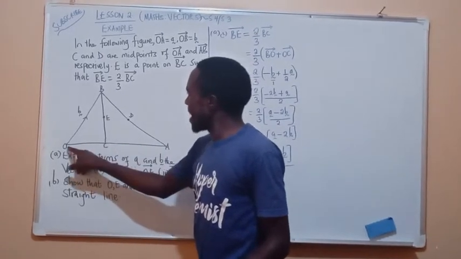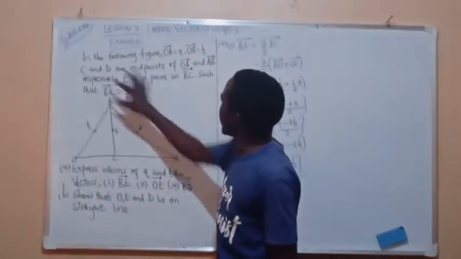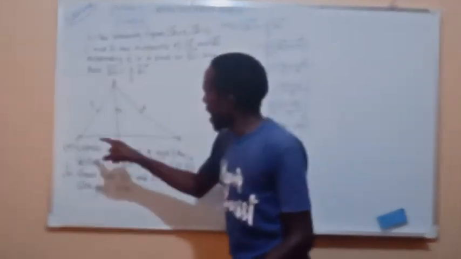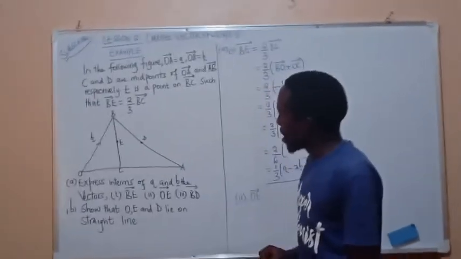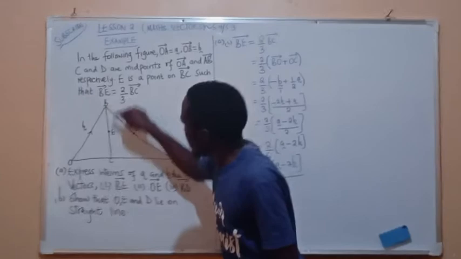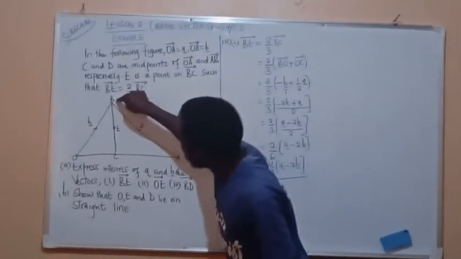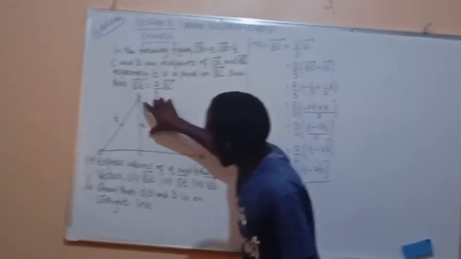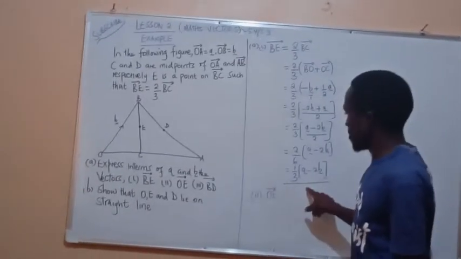So before you take any route, first can I easily get that information from what has been given? So for OE, I can say that it is OB plus BE. Why do I use OB? I already have b. Why do I use plus BE? Because when I've reached that B, to get there I have to add B and E. And BE, I've already gotten it as this.